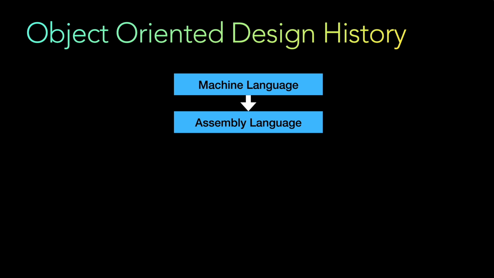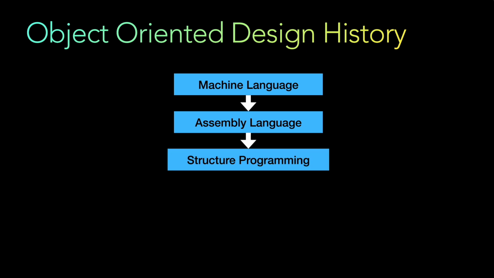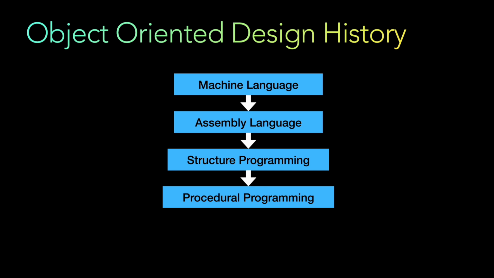Again, programmers came up with something new, and that is where they created structured programming, and then they followed with procedural programming. The basic principle of the structured programming approach is to divide a program into functions and modules. The use of modules and functions makes the program more understandable and readable.